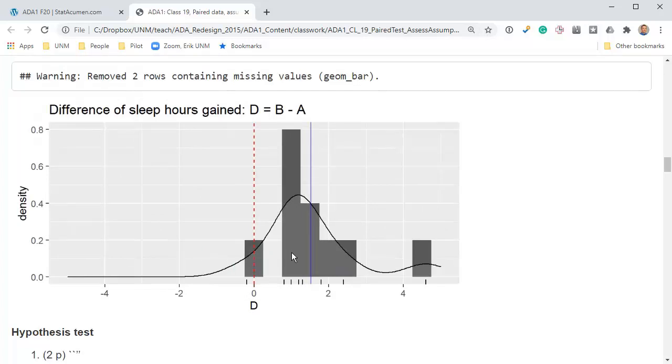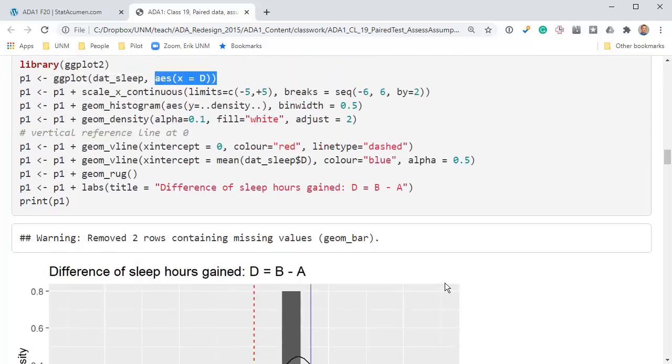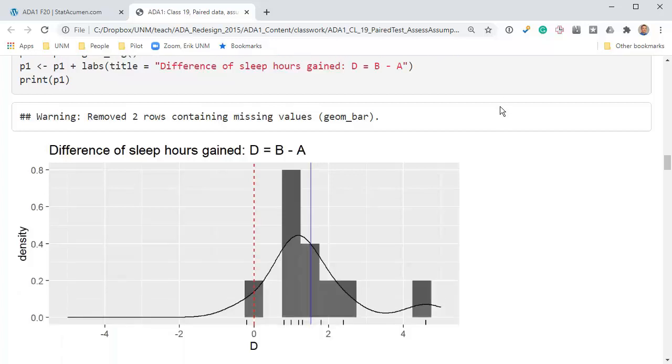Okay, so these are the differences between B and A, and I've overlaid a few things here. The histogram is there, those gray bars. I've overlaid a geom_density smooth function. I'm not sure that that actually adds very much when you've got a small sample, but if we had a large sample, it sort of helps your eye smooth out the raggedness of the histogram.